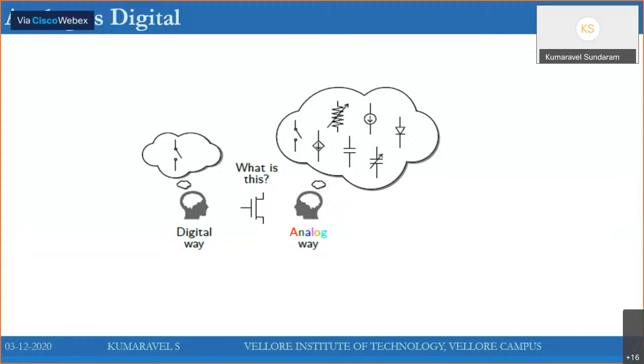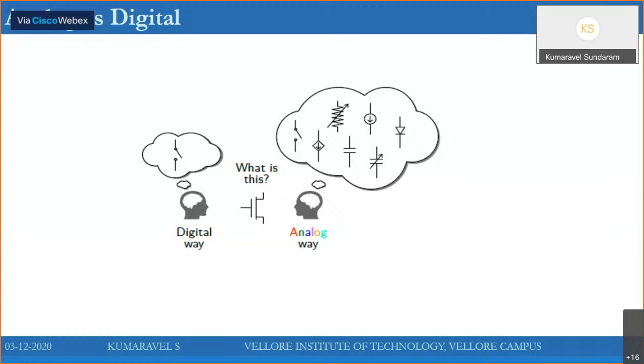Whereas in analog, the MOSFET can be visualized as a switch, a current source, a variable resistance, a capacitance, a dependent current source, a diode, or a variable capacitance. So the visualization of the MOSFET itself is more in terms of analog compared to digital, where it is visualized only as a switch.